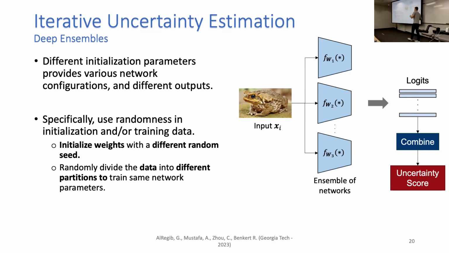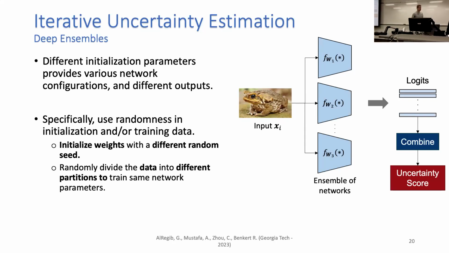Or you can train a different architecture for all of these different ensembles, which also gives you a bit of a spread and a mean and an average. So there are a bunch of different ways to do it. In this case, we're listing just one of these, which is dividing the data into different partitions. Once again, the same principle applies, where the model converges to different areas.